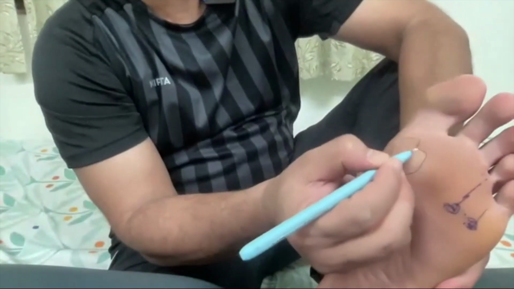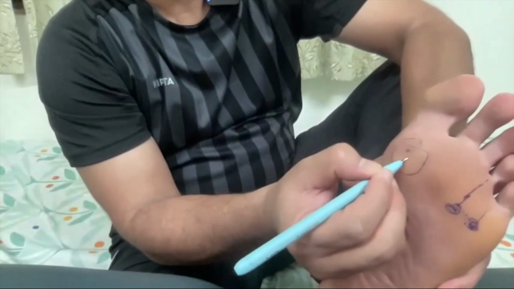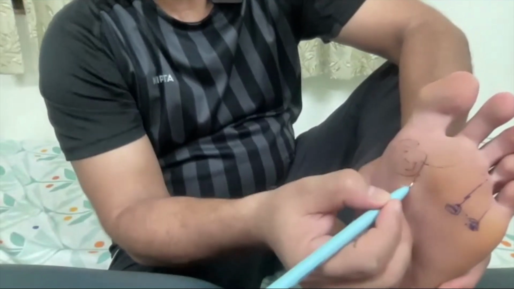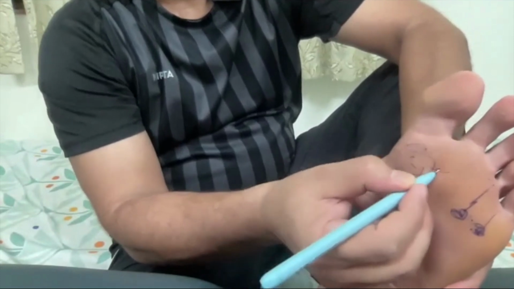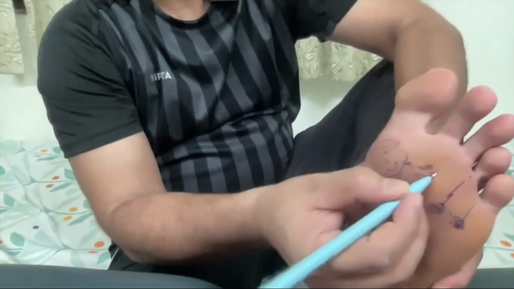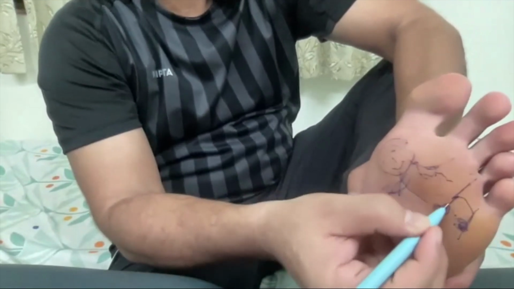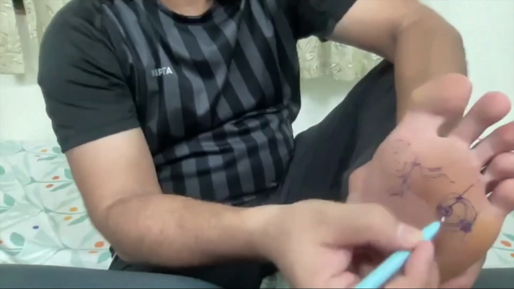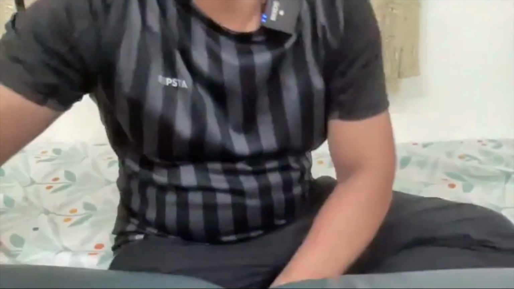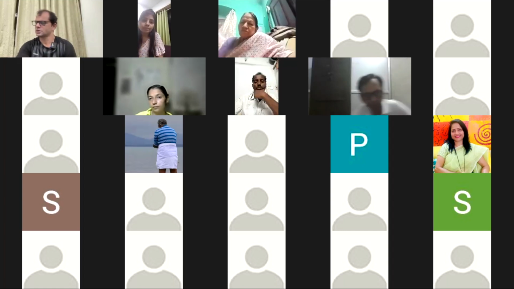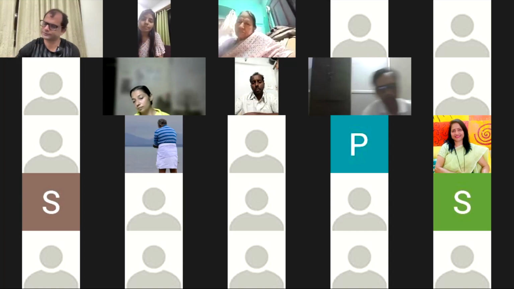This is the head region. These are the arms. Then the lower part of the body. And finally, here we have the lowermost part. So we are choosing 2 points here. In this way, we have made the protocol for tailbone pain. Understood? Clear? Done. So now we are moving ahead to the next.